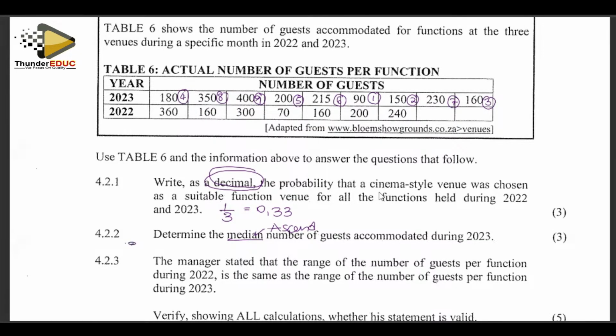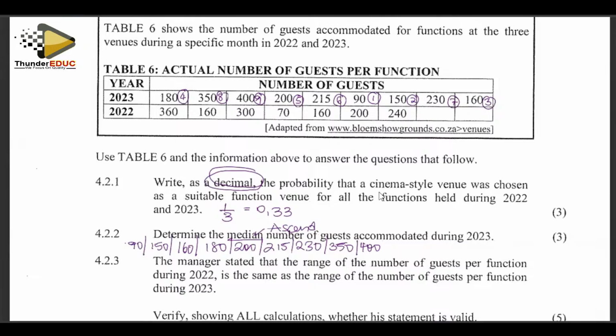We have 90, 150, 160, 180, 200, 215, 230. We have 350. We have 400. And that's where we end.